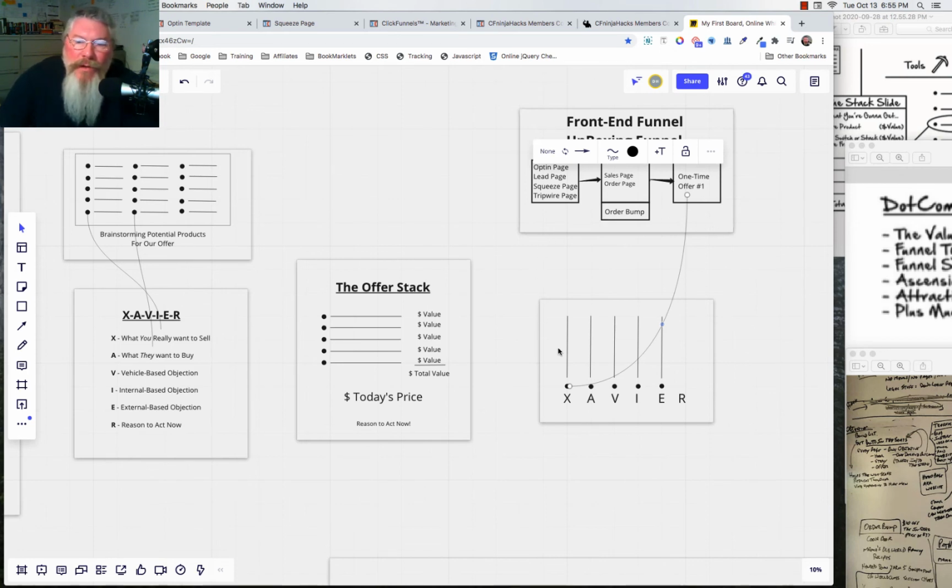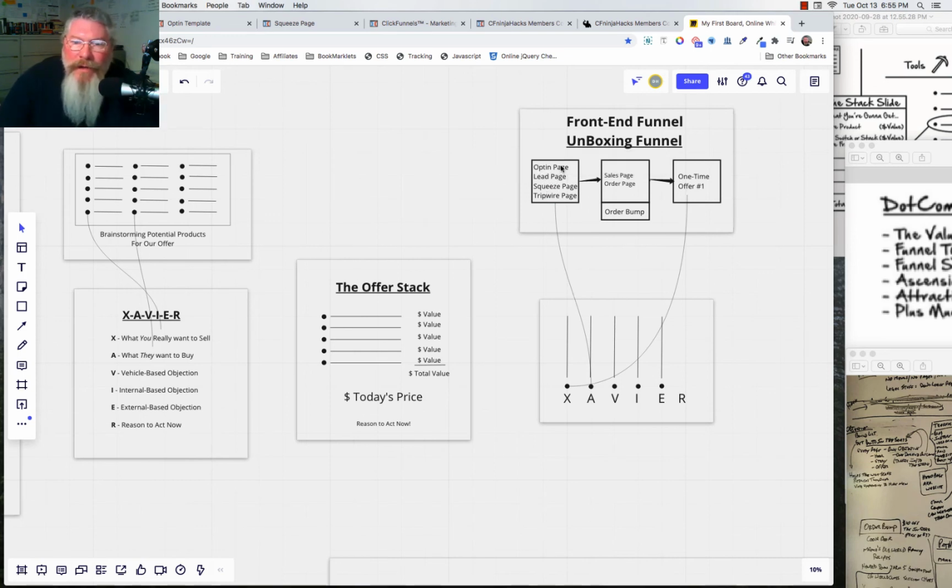And so then as we go along, most likely what we're going to have here is our A, which is, again, the thing that they want to buy, or the thing that they want. We're going to go up here and put that in here. And again, you see here, these could be anything. We're going to go through all of this.